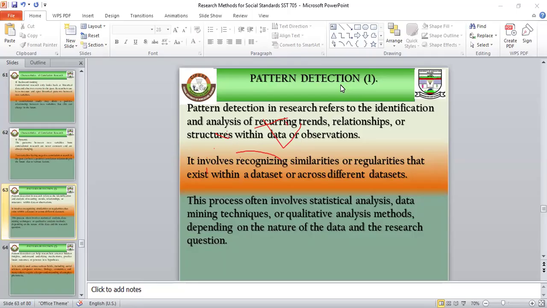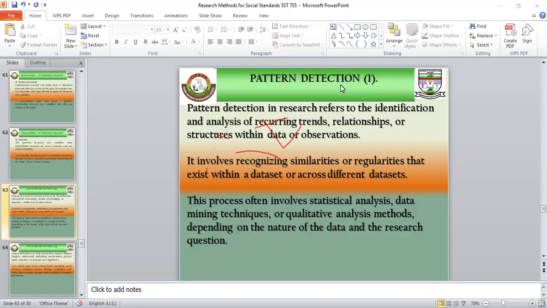Is there a recurring trend, where their performance decreases or increases over months, over years, over periods of time? Is there a similarity or regularity that exists among this data if you collect it over long periods of time? That is what pattern detection is.